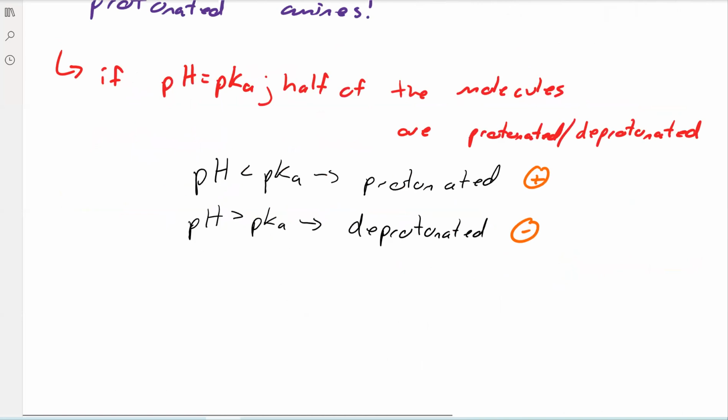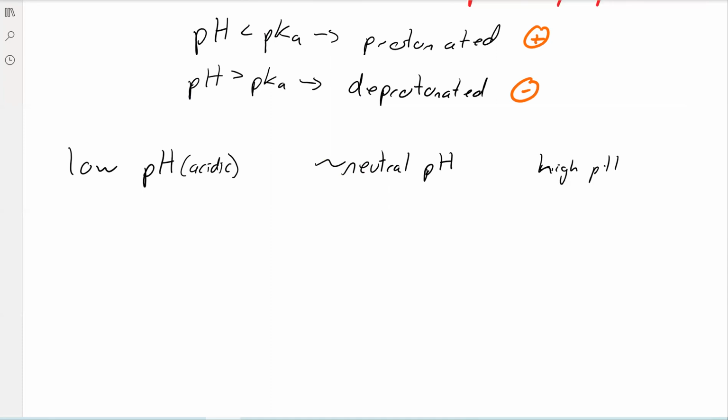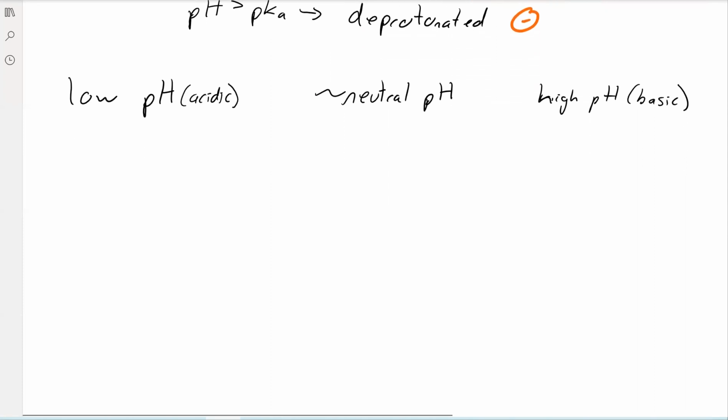So let's just take a look at our generic amino acids and what they look like. We're going to have low pH over here. Remember, low pH is an acidic condition, so we have a lot of H+. We're going to put approximately neutral pH right here in the middle. And then we're going to do high pH over here, which means very low H+ or a large amount of OH- since we're talking about water. And so we have a basic solution overall.